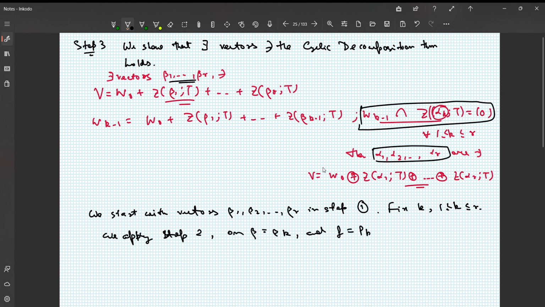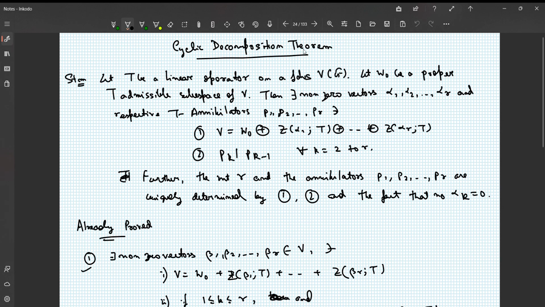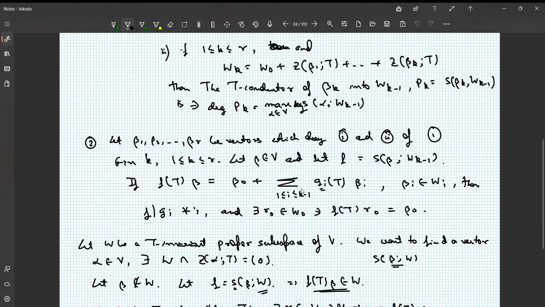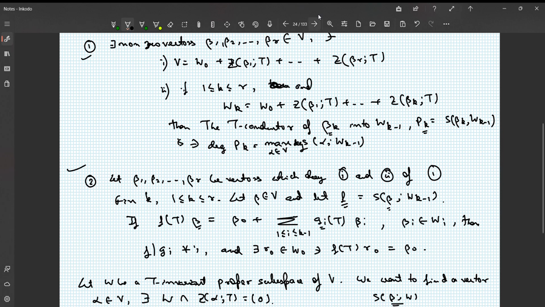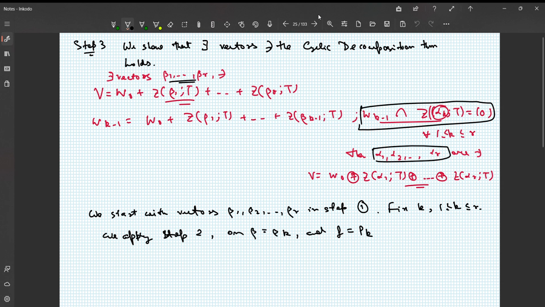So we choose the T conductor f equal to p k, because if you recall, in the first statement f was the T conductor of beta into W k minus 1. In step 2 we had denoted that p k is the T conductor of beta k into W k minus 1. So we just replace f by p k and beta by beta k in step 2.